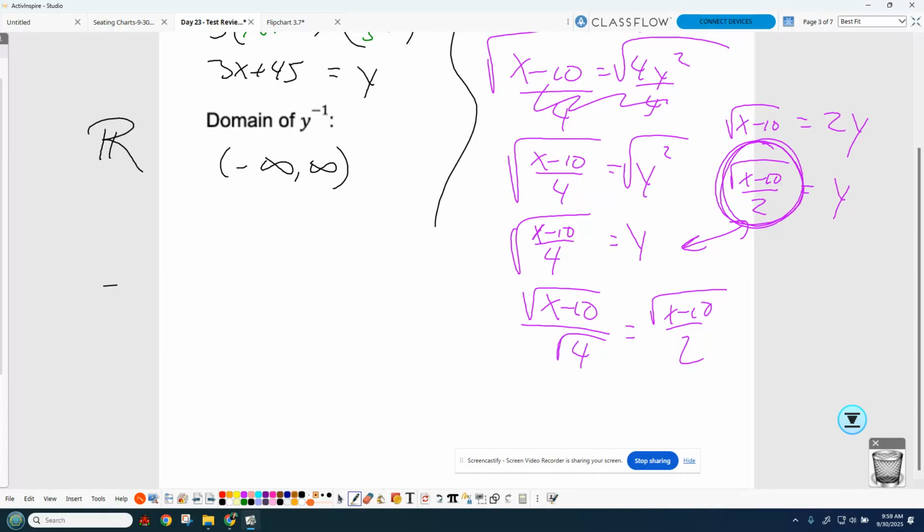Okay, would it be 10, comma, infinity? What kind of bracket on the 10, round or square? Square. Yeah. Okay, so that square root is up top. Am I allowed to do square root of 0? Yes.